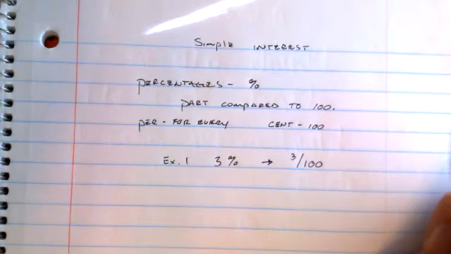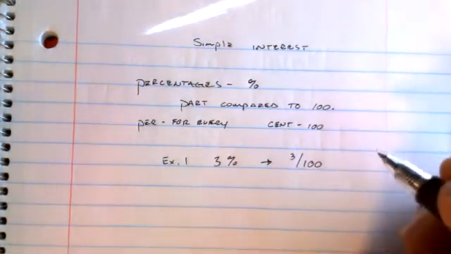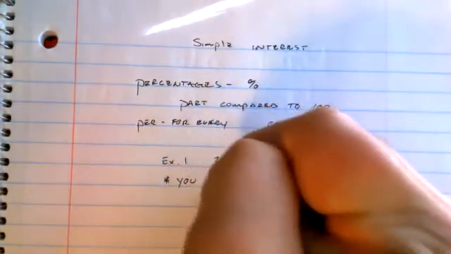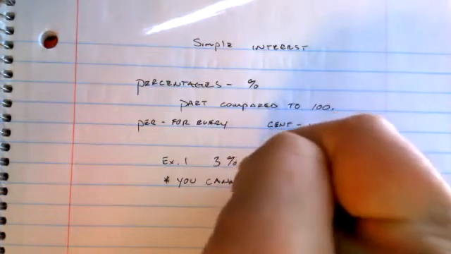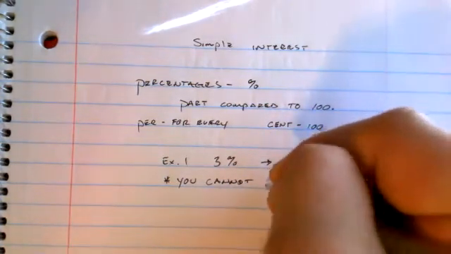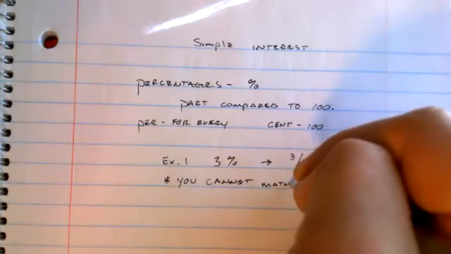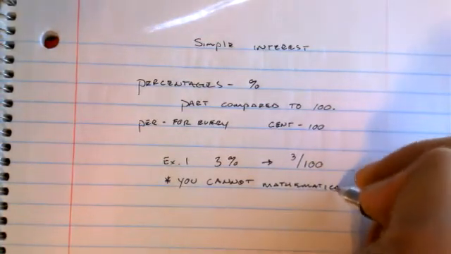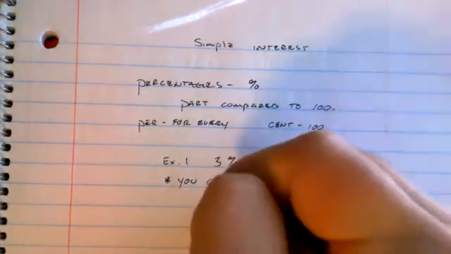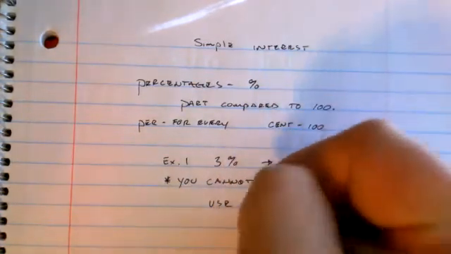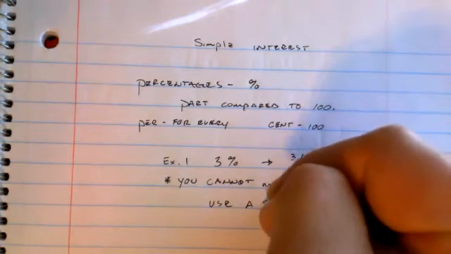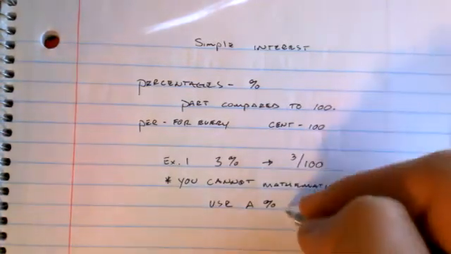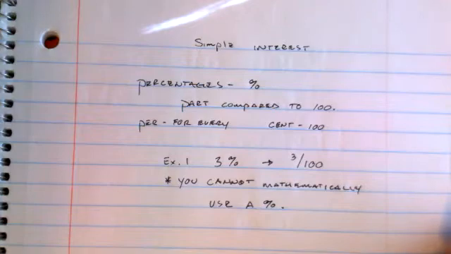And the reason I'm going over this is because we're going to need a different form, right? You cannot mathematically use a percentage. You have to have some other form of it.